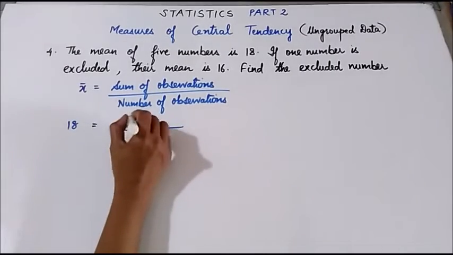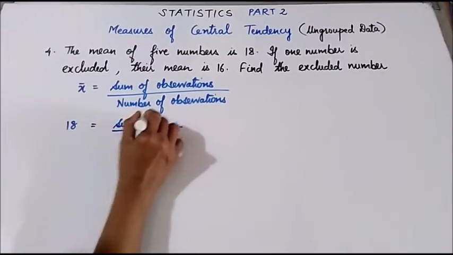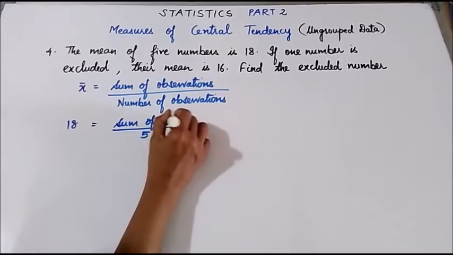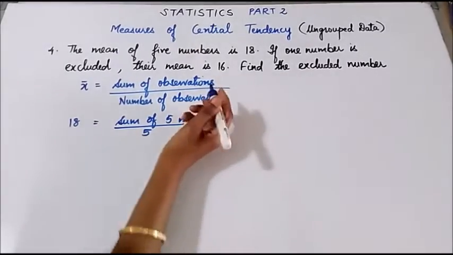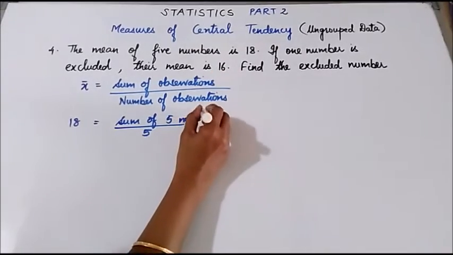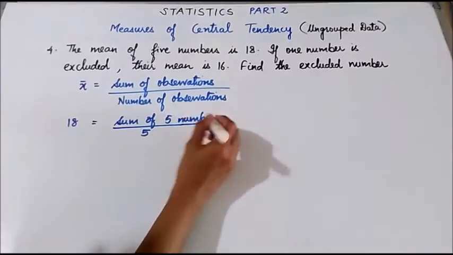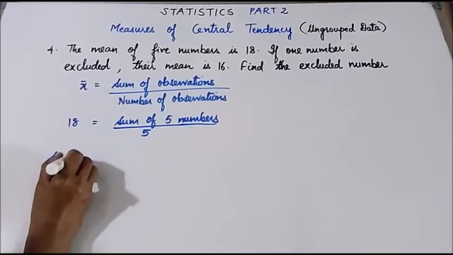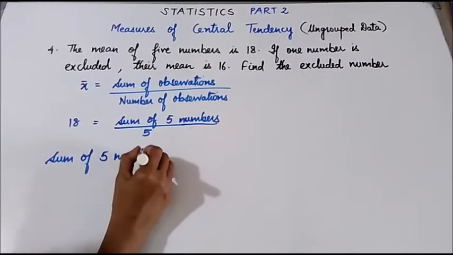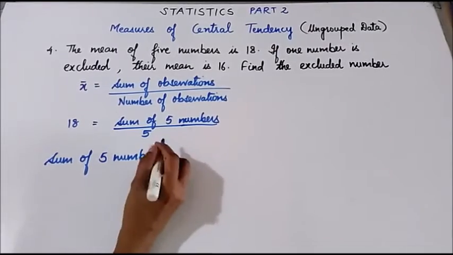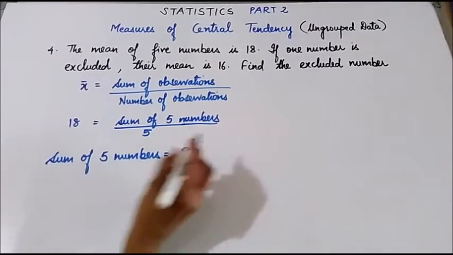The mean is 18 and here we have the sum of 5 numbers. So what do we get? The sum of 5 numbers is equal to 18 into 5, that will give us 90.